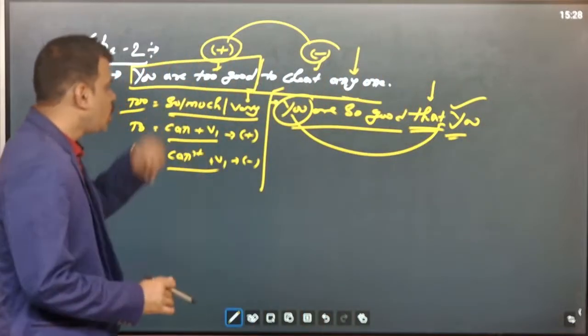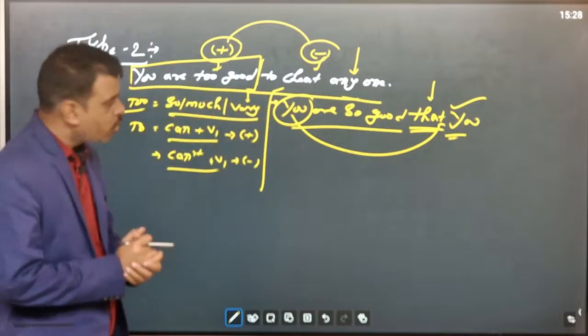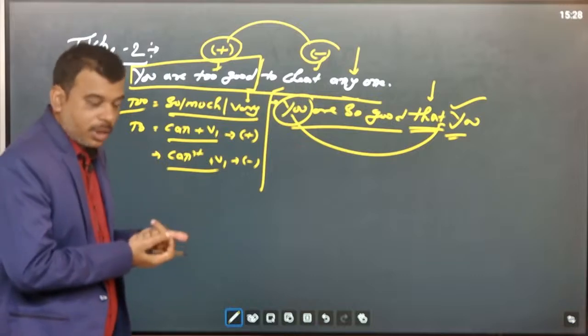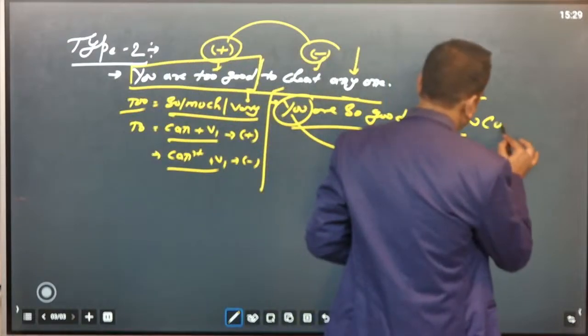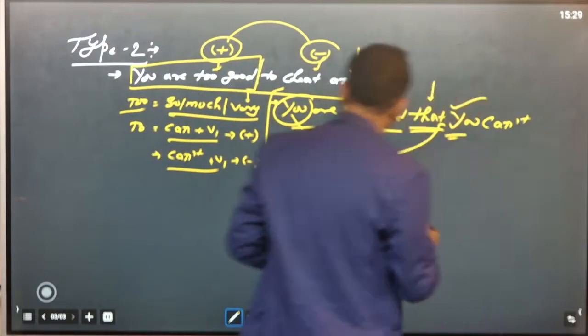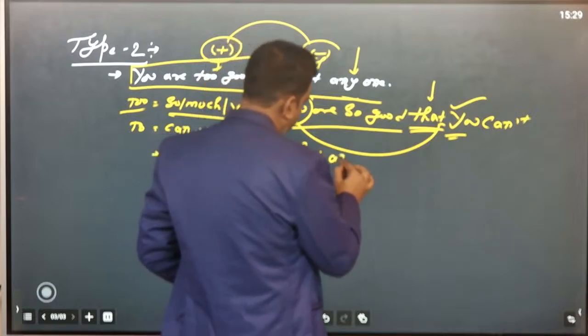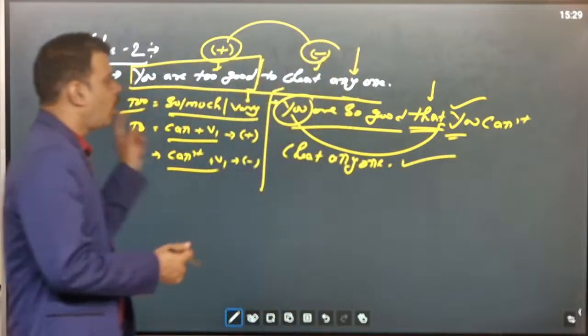Now cheat: for a good person the act of cheating is not possible. So here the work in which "you" is involved is negative. So we will go: you are so good that you can't cheat anyone, and this is the simple structure of the infinitive statement.